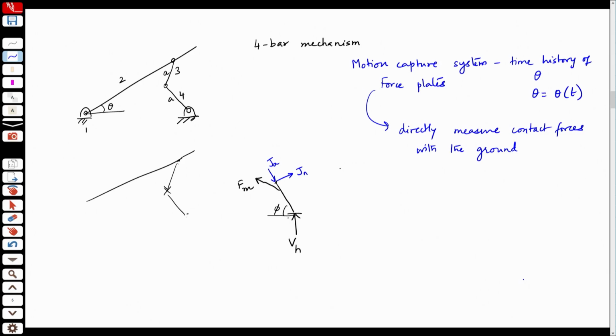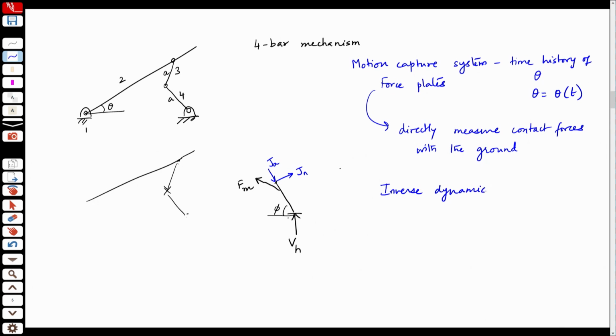So, this kind of analysis where you use both this data is called inverse dynamic analysis, and we will talk about that shortly.